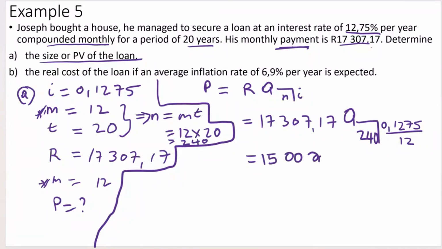That's the present value of the loan. But with this present value of the loan, we do not know, we need to calculate now. That is the question they were asking for. We are done here. Let us look at number B.